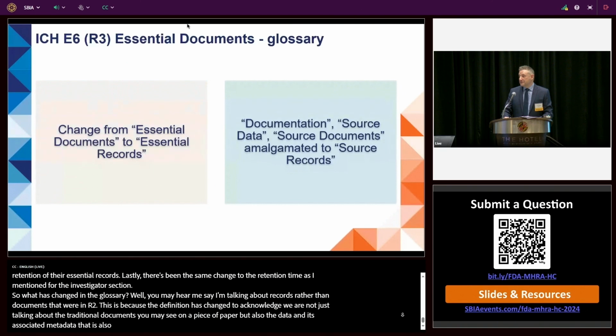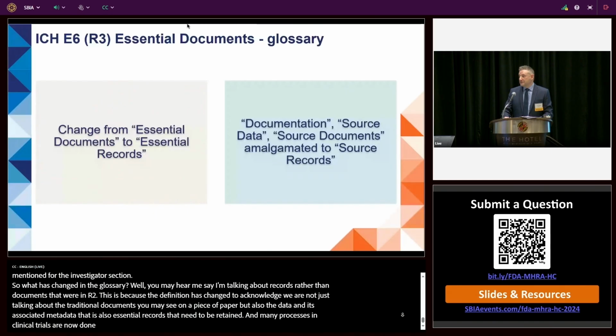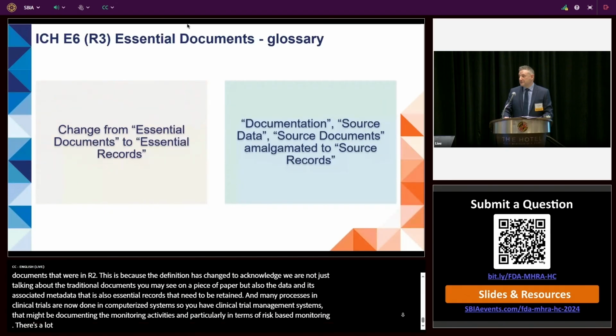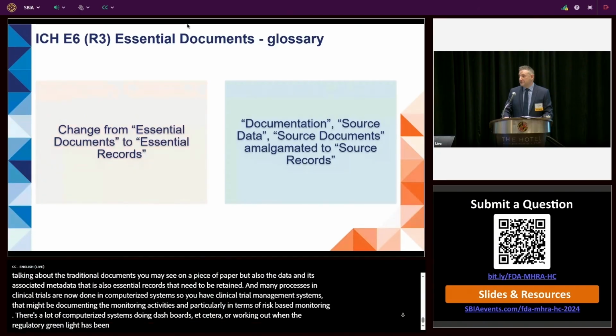And many processes in clinical trials are now done in computerized systems. So you have clinical trial management systems that might be documenting monitoring activities, and particularly in terms of risk-based monitoring. There's lots of computerized systems doing dashboards, etc., or working out when the regulatory green light's been met, or SAE case processing, etc. So documents aren't really applicable.